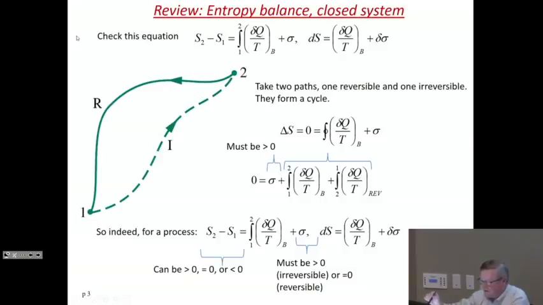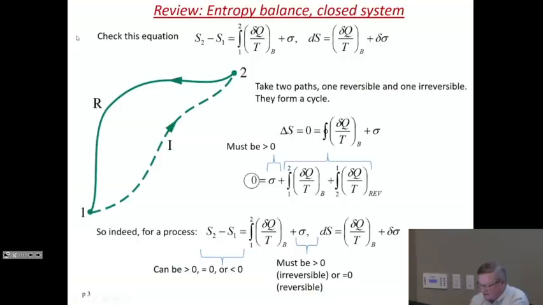That is the equation I just differentiated in the previous graph. But now take two paths, one reversible and one irreversible. So here is my irreversible path, just copy that. And then I have to add to this the change in entropy between 2 and 1 along the reversible path.